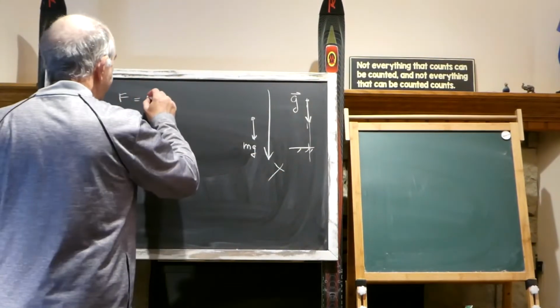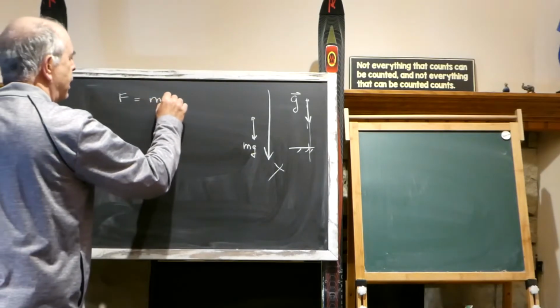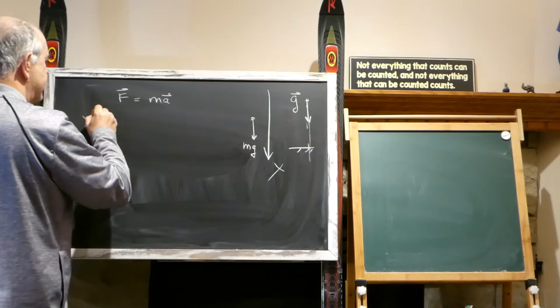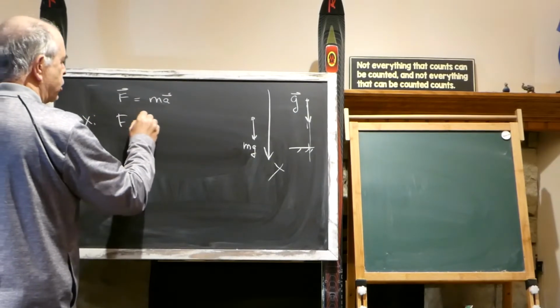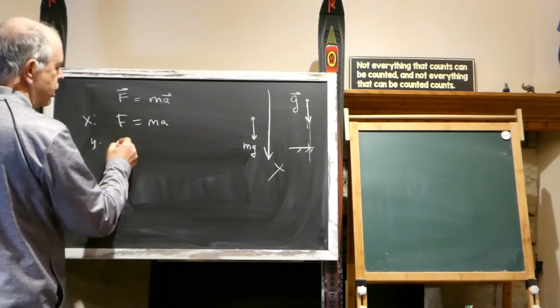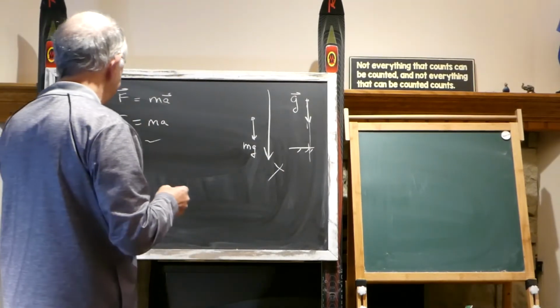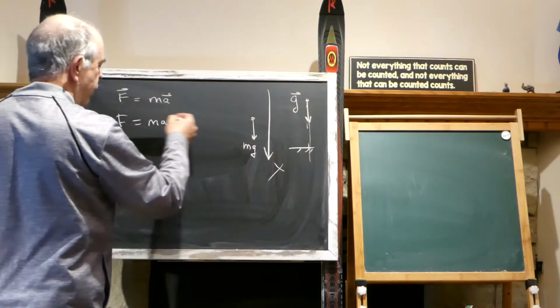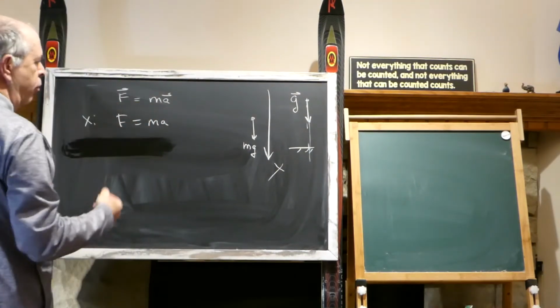So now we have F equal ma. I can write it in a vector form, and I can say x projection F equal ma, and the y projection is nothing, so I don't even write it down because it's one-dimensional movement. So F equal ma, this is the law of motion.